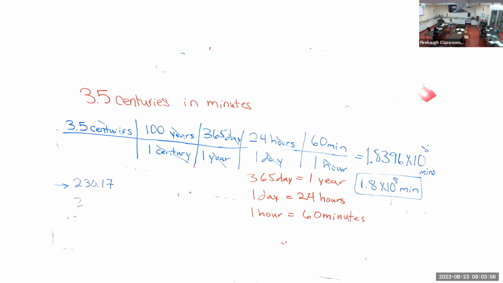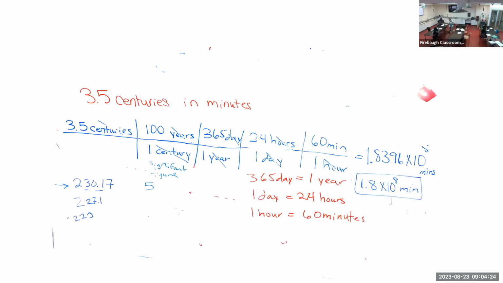This 0 is sure because it's stuck between two non-zero numbers. So in this case, we end up with 5 significant figures.